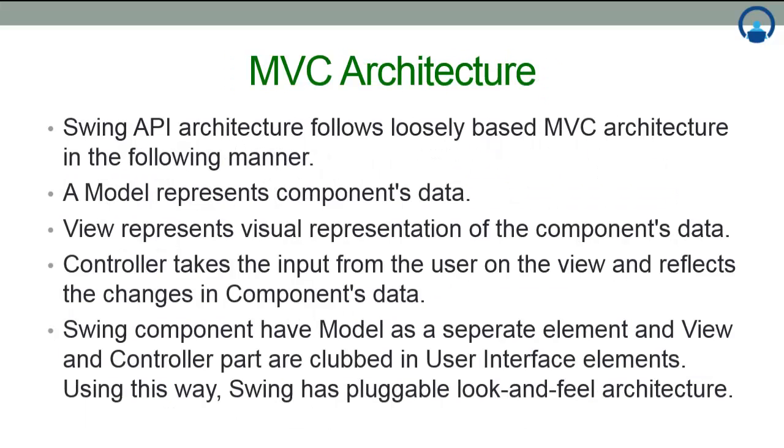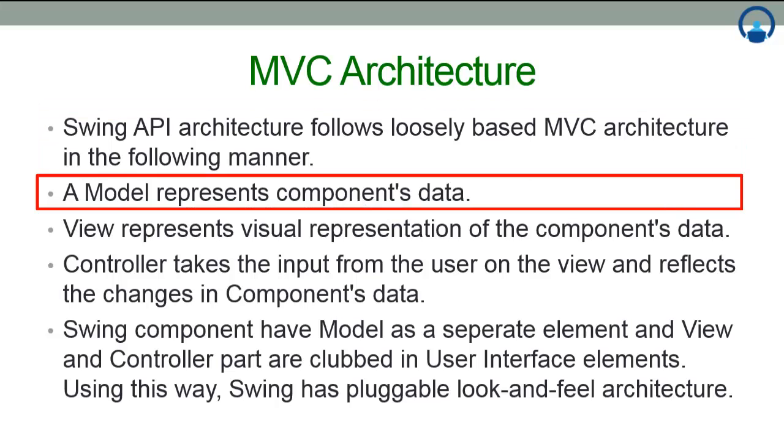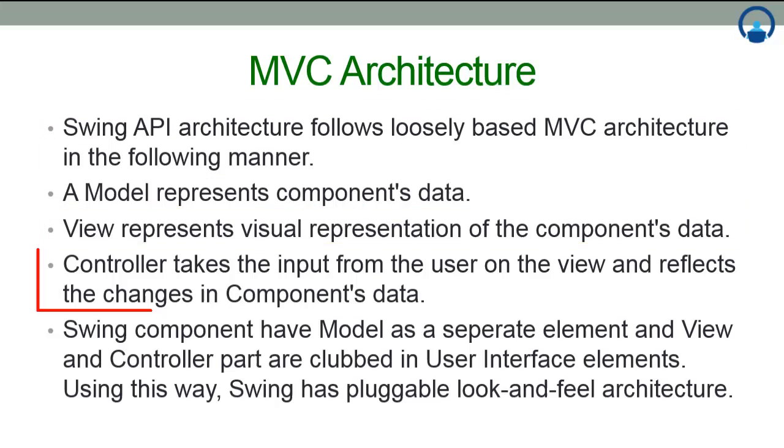Now we'll be discussing what MVC architecture is. Swing API architecture follows a loosely based MVC architecture in the following manner. First of all, we have three components, as we discussed: M is model, V stands for view, and C is controller.